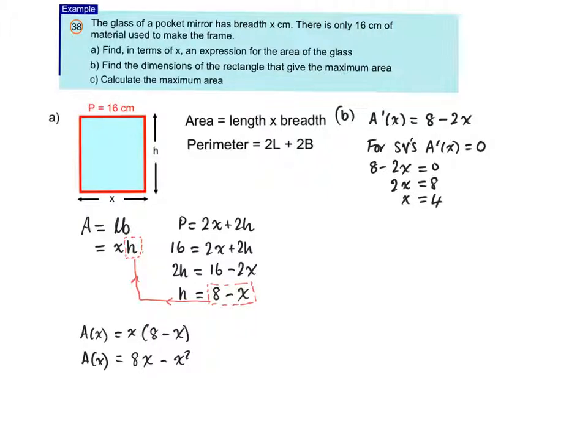At that point we need to make sure that it's a maximum it's given us, so we need to do a nature table. So for our nature table, we're putting in the value of 4, and we're looking either side of it to find out what the derivative is.